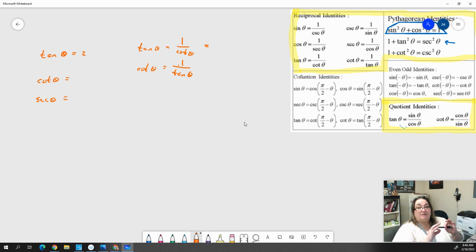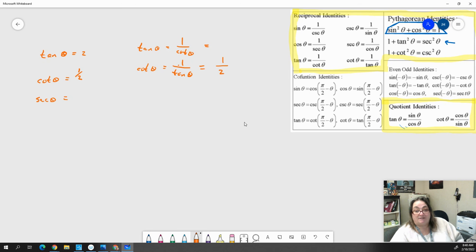Both will work, but I like this one better because it requires less moving stuff around, right? Because if I put in that this was 2 equals 1 over cotangent, then we would have to multiply everything by cotangent, and so on. This to me makes the math simpler because I could just write this as 1 over 2. Well, look at that. That's just 1/2. Cotangent's done, right?